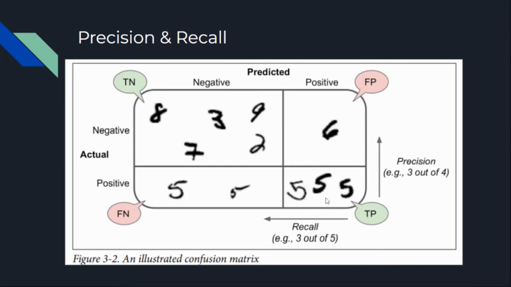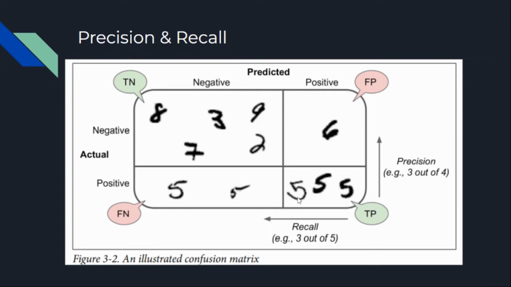Out of these, my model predicts only three values correctly. My model says these four values are number 5, but only three numbers are actually 5. So out of four positive predictions, only three are actually positive. This is called precision.